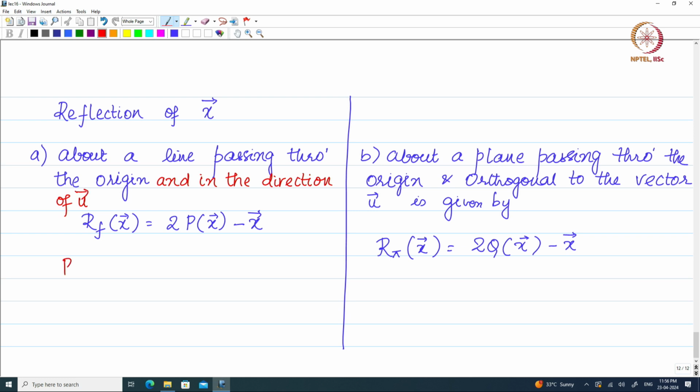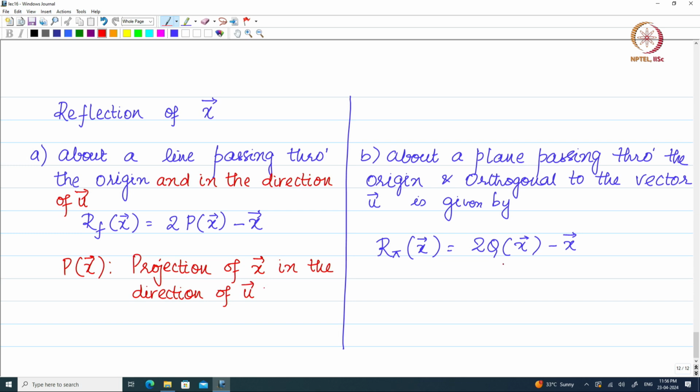So, P of x denotes the projection of x in the direction of u. Right.